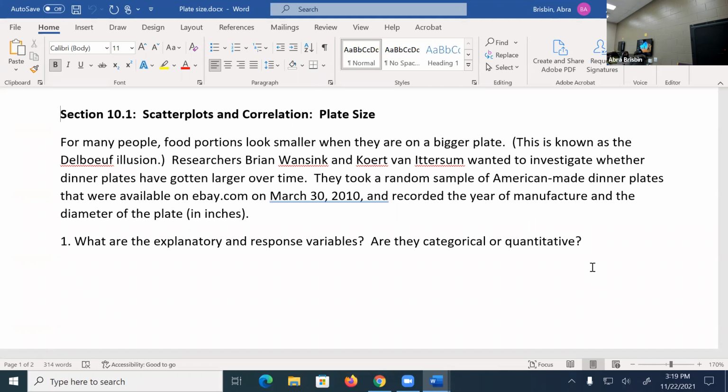Maybe it's the same data. Does it say year? Look at the other ones. Diameter. It might just be the same data.